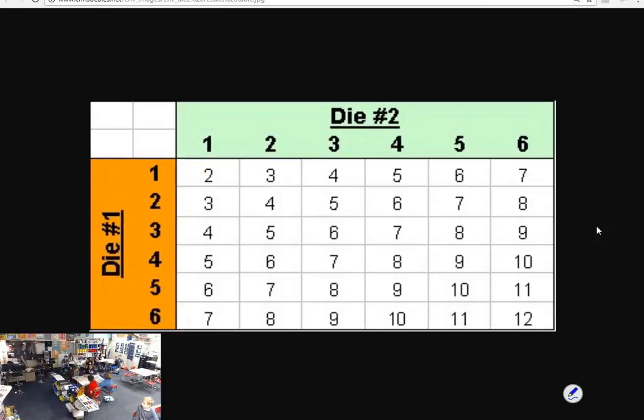Can you get a 1? If your game involves 2 dice, you can't get a 1. Continue talking about this now.